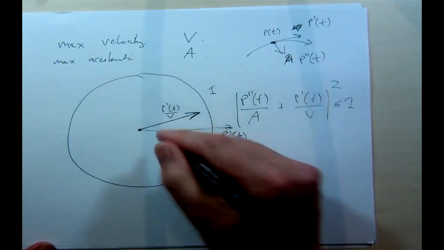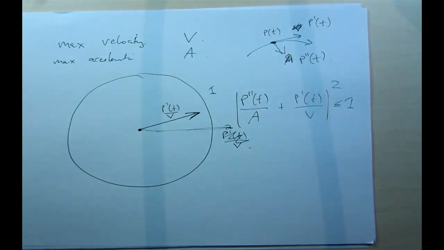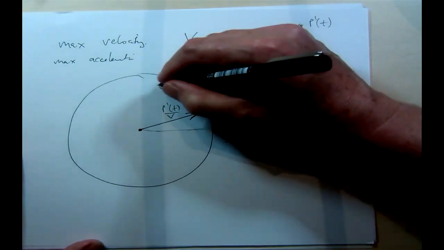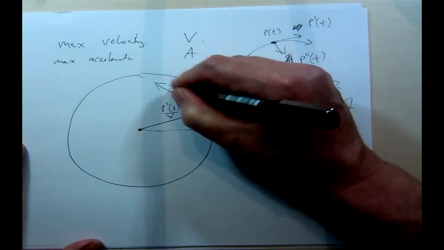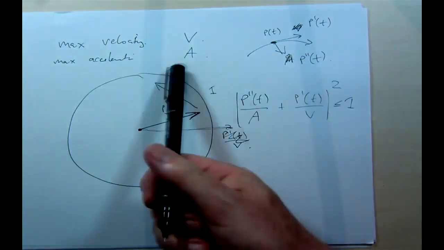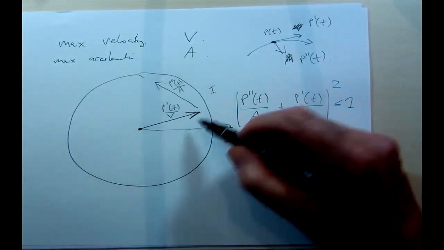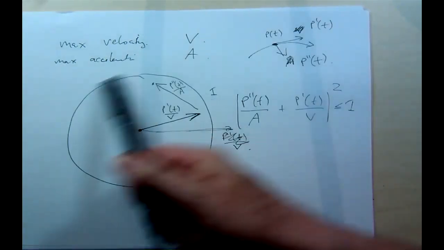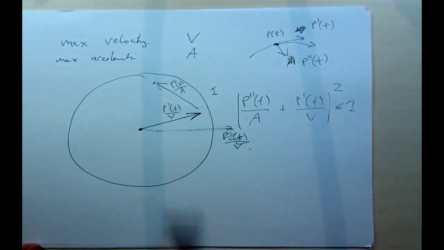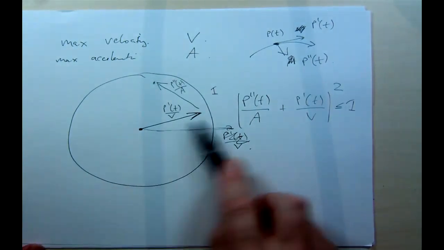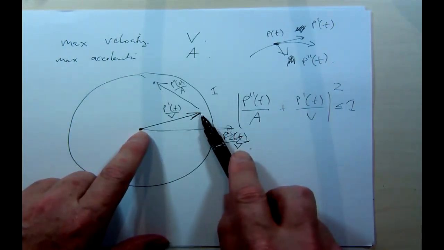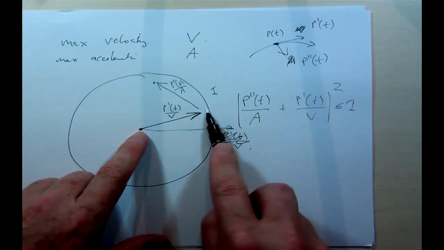So we can plot the current velocity of the robot in this circle, and then the acceleration is some other vector, and I divide it by the maximum acceleration. And what I'm saying here is that when you add these two vectors together, it has to still lie within this circle. And this makes sense because if you're traveling almost at your maximum possible velocity in this direction, you can't really speed up much more, right?